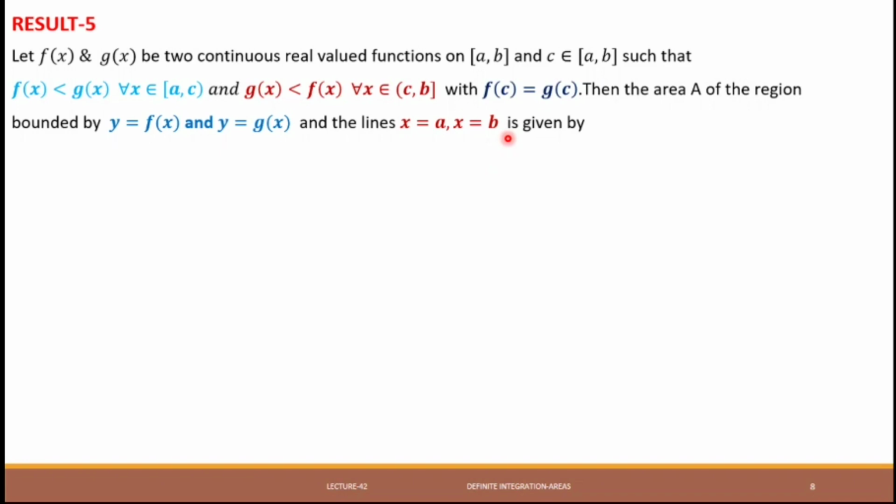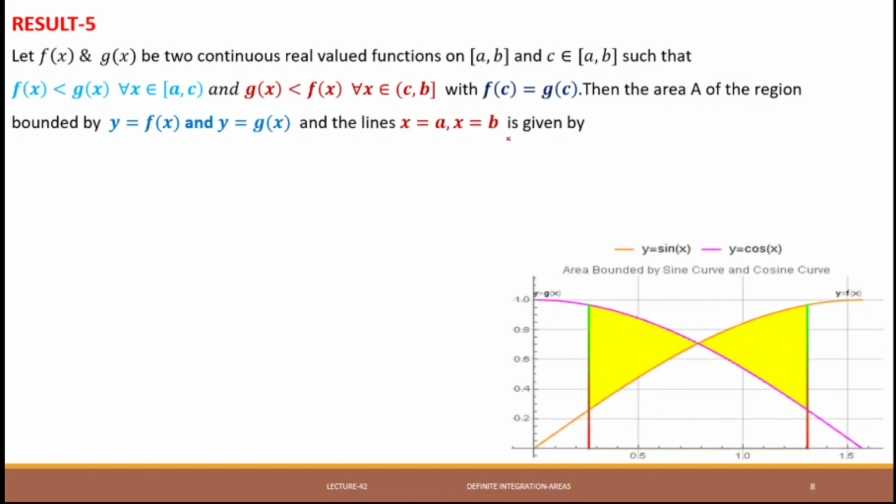Before having a look at the formula, let me explain the result with the help of an example. I will show this result graphically. See, here I am considering the two graphs, namely f of x and g of x. Let me write what are my a and what is my b. So this is my a and this is my b and this is my c actually.